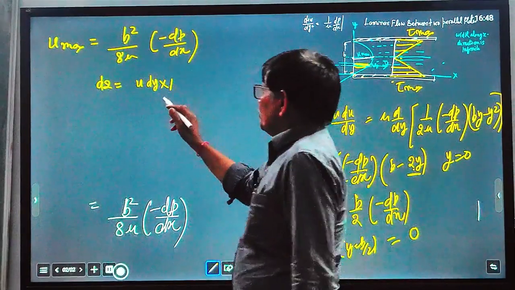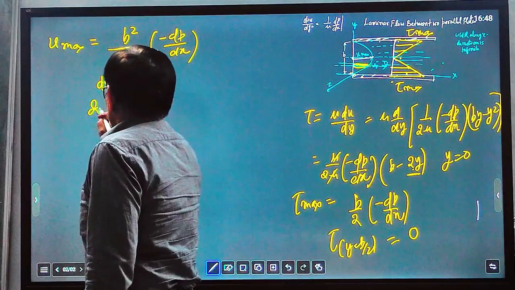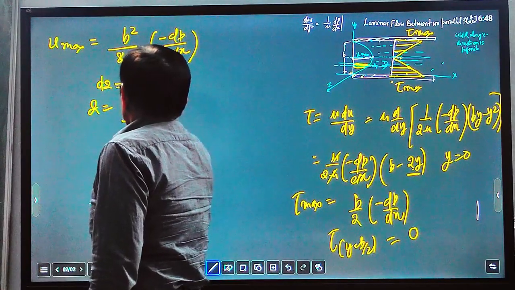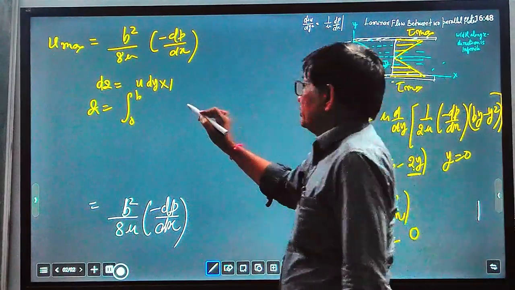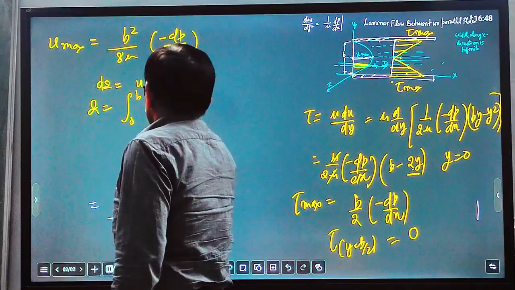So we take 1 unit, multiplying by 1. So dq equals u dy, and Q equals the integral from 0 to b of u dy, which gives the whole discharge.